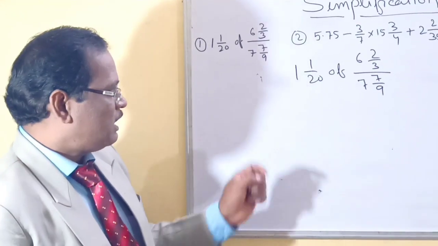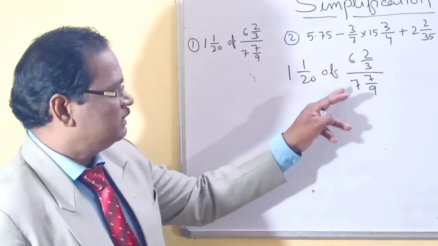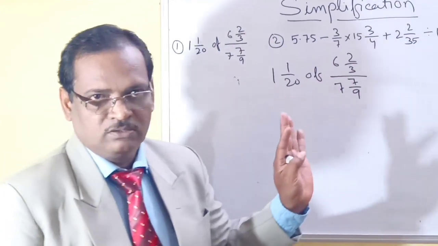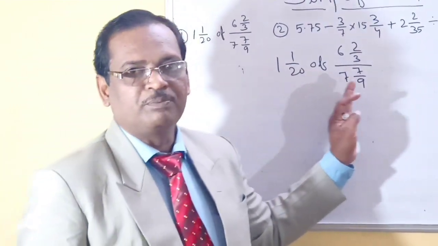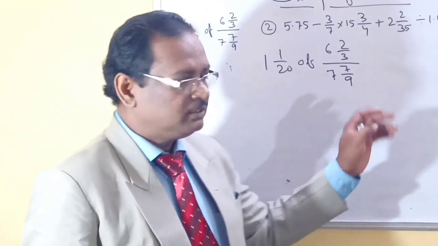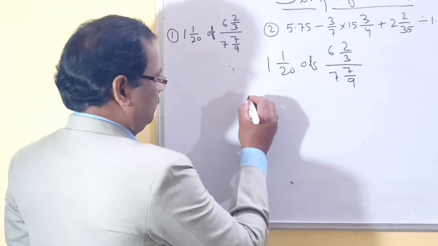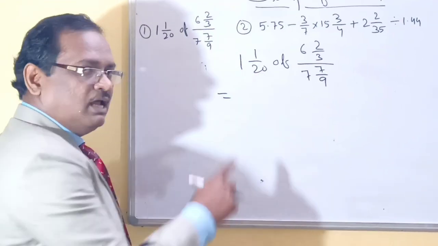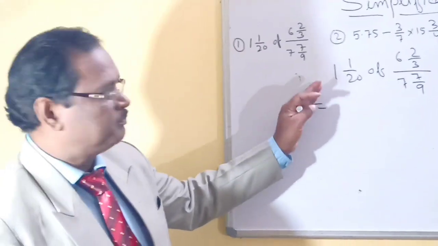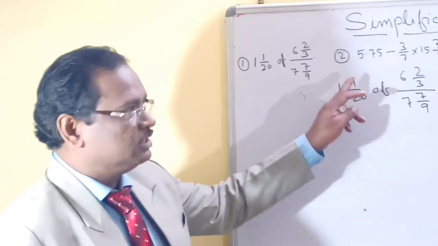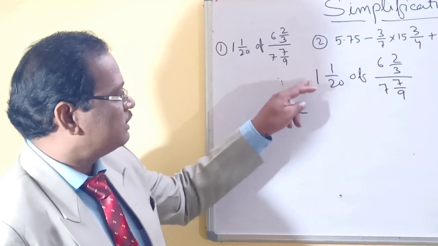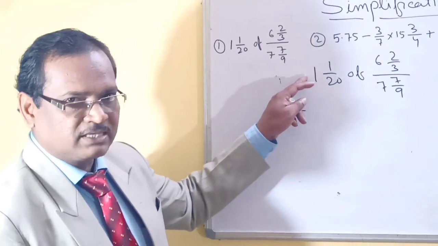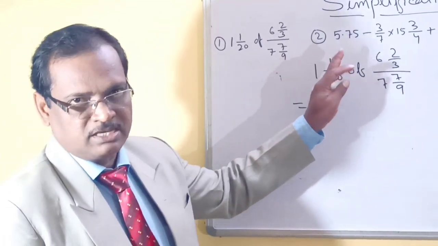Here I have seen the fractions are mixed fractions. So in the next step, I will convert them into improper fractions, right? This is the numerator, this is the denominator, and this one is the whole number. A mixed fraction consists of a whole number plus a fraction.